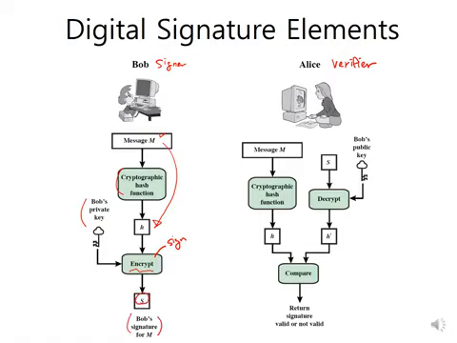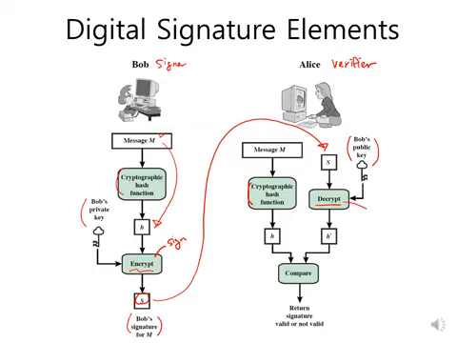On the verifier side, the message M is also condensed using the cryptographic hash function. If the verifier receives Bob's signature S, then on the basis of Bob's public key, S is decrypted.